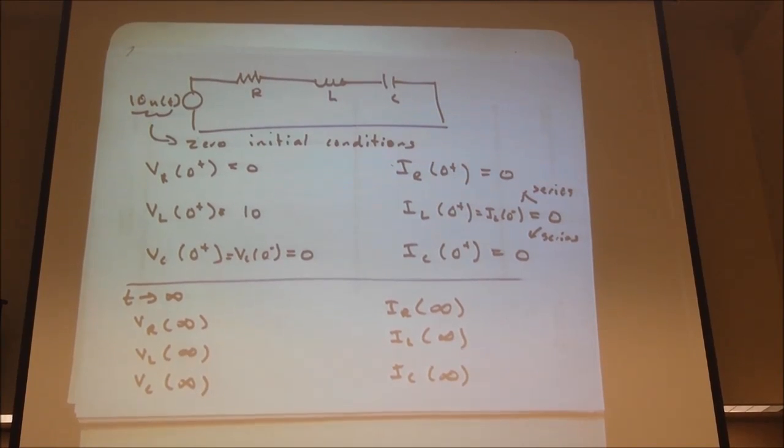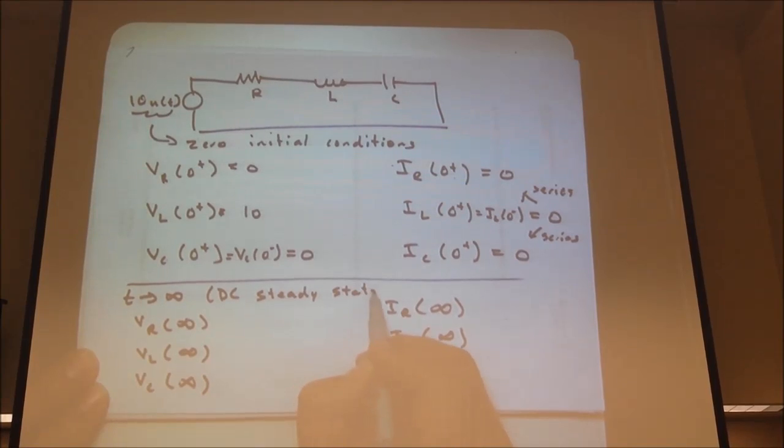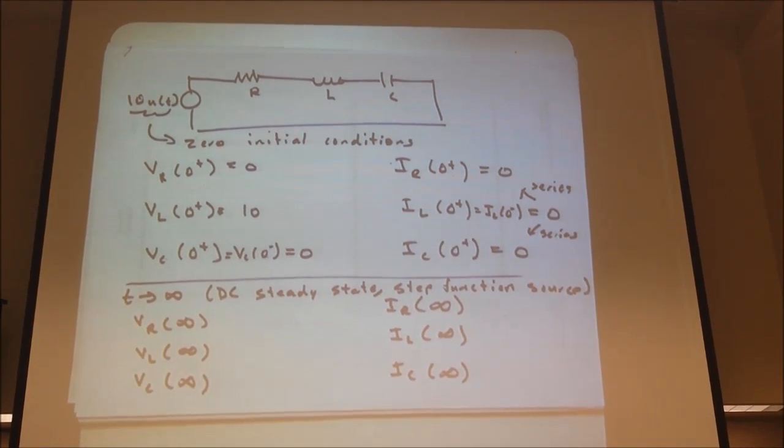Since we have a step function source, this is a DC steady state. It turns on at t equals 0, and if we wait long enough, it approaches a DC problem. And if it's a DC problem, what do we do with the capacitor?